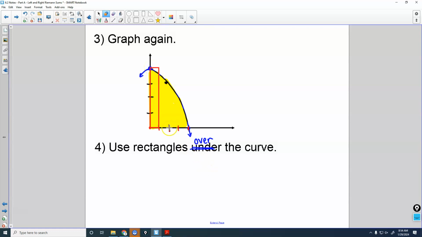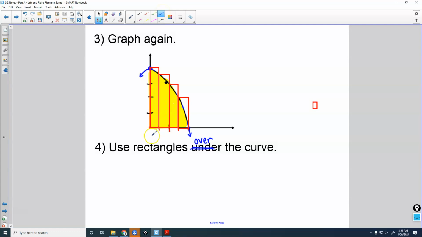And then I would have this. And this. And this. Now, are we going to get an overestimate or an underestimate with this one? Over by quite a bit once again, right? Neither one of these alone is going to be all that great. But we still can figure something out for this.